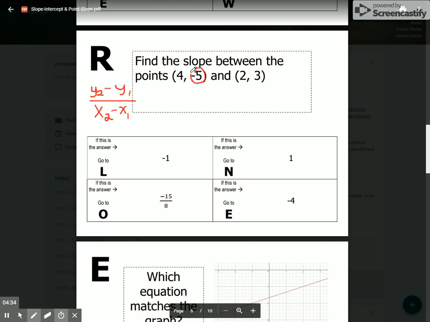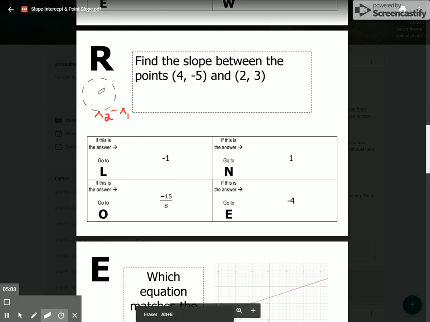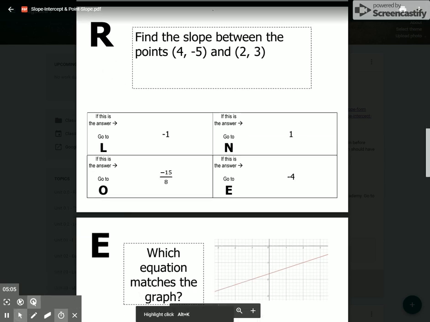You could have this be your y2 and then subtract 3, and you could have this be your x2 and subtract 2. It doesn't matter which one you call the 2 and which one you call the 1. What does matter is that you match these up. If this is your y2, then this has to be your x2. Or if 3 is your y2, then 2 has to be your x2. So just make sure you don't cross the values between the points.